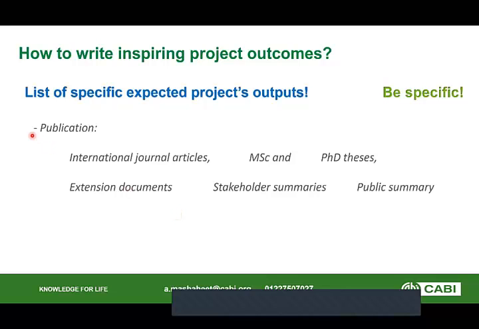The other category is publication, and usually when people hear the word publication, the first thing they think about is international publications or journal articles, which is correct. However, this is not the only type of publication that you should try to achieve through your project. Most of the funding agencies would look for master's theses, master's dissertations or PhD theses to be produced through the project.